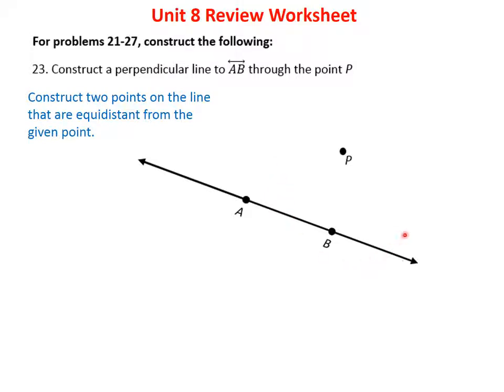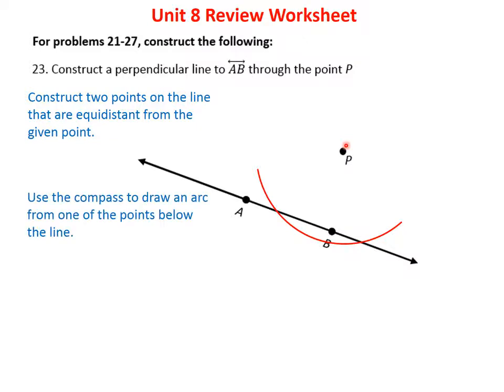In other words, the easiest way to do that is to open our compass and draw an arc from P that's going to cut the line at 2 places, and they'll both be the same distance. Notice that the distance from here to here and here to here are exactly the same. Next, we're going to open our compass and draw an arc from one of these points.